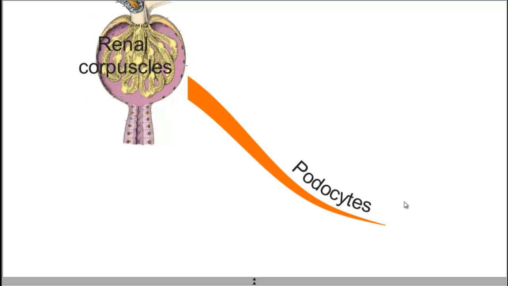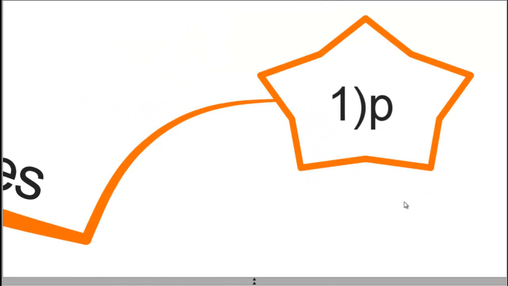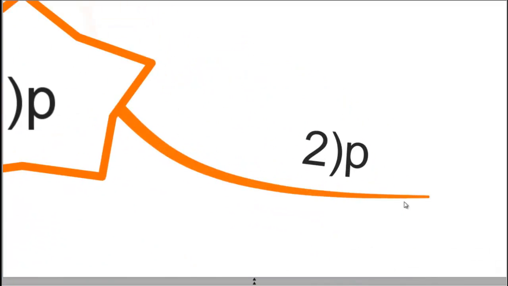Then we talk about the podocyte. Podocytes have a cell body from which arise several primary processes. Podocytes and the primary processes don't touch the basal lamina.